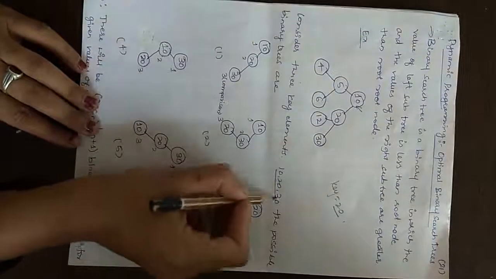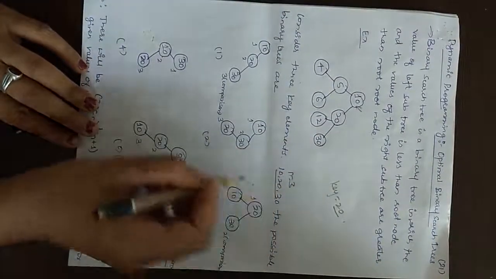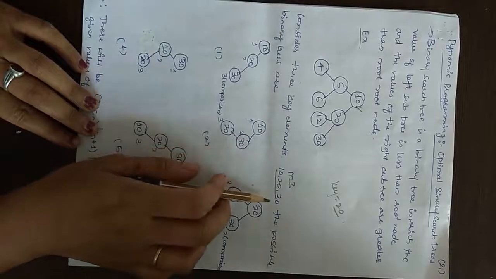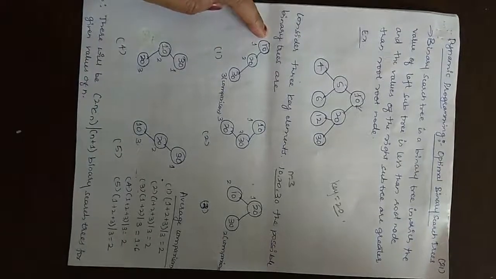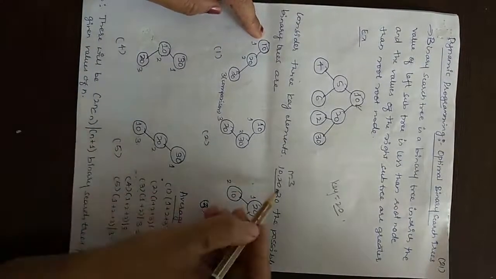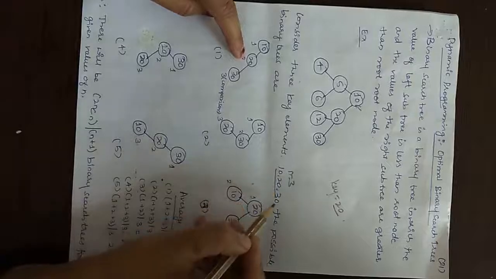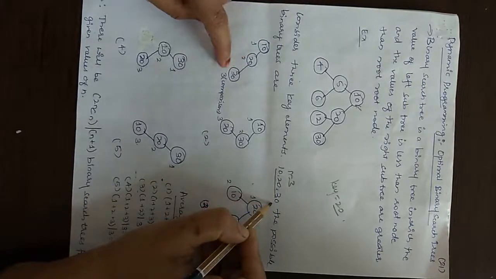Then let us see how many binary search trees are possible for n number of keys. Here I have taken 3 keys, n is equal to 3, that is 10, 20 and 30. How can these trees be organized? It can be organized like 10, then 20 which is greater than 10 so on the right side, then 30 greater than 20, so on the right side.